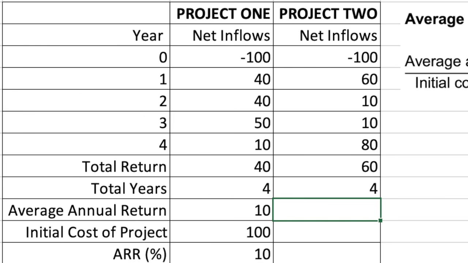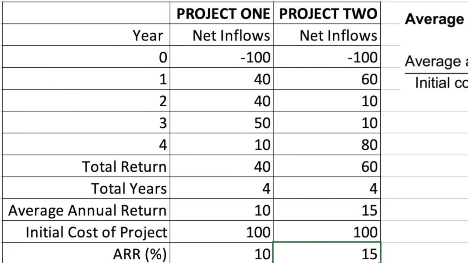And then we do the average annual return, which is going to equal 60 divided by 4. So that's the total return divided by the years, gets us to the average annual return, which is 15, which is the top half of the formula. And the cost of the project here was also 100. So if we just turn that into a percent, we will get 15%.